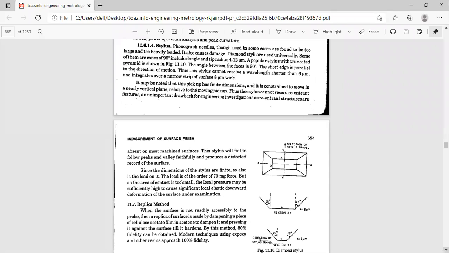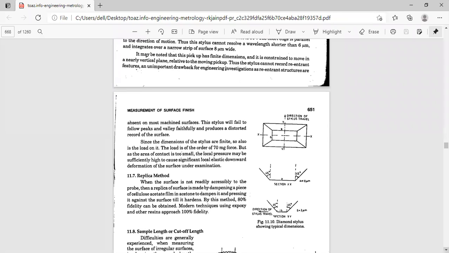Just like the machining parameters such as feed, speed and depth, the radius of the tip is important, and the load, that 70 milligram force, should not exceed that value. And sometimes, according to the production method or the specimen, it may be less than that also.